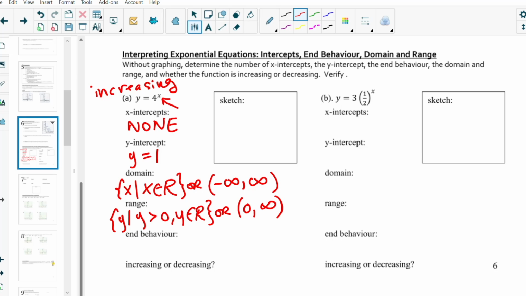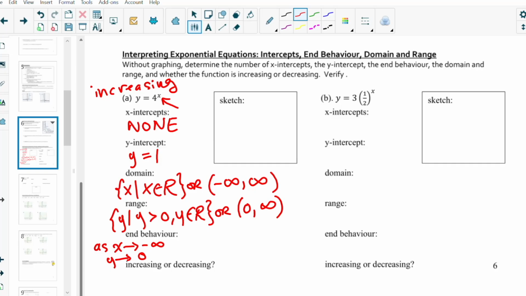So if we think about y equals 4 to the x, we can say it this way: as x approaches negative infinity, so we go to the left, y approaches 0. Think about the left side. It'll never touch 0, but y will approach 0 as x approaches negative infinity.